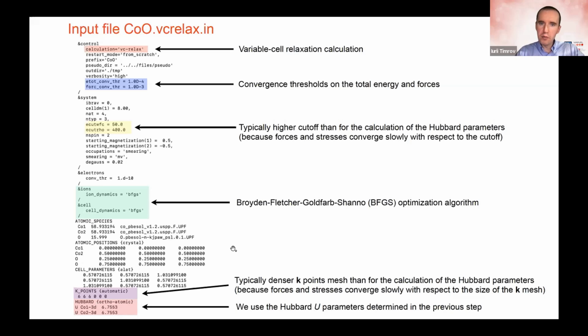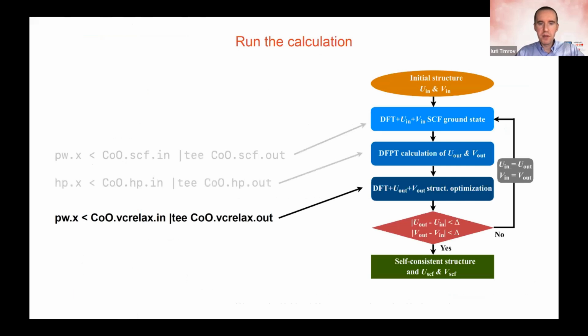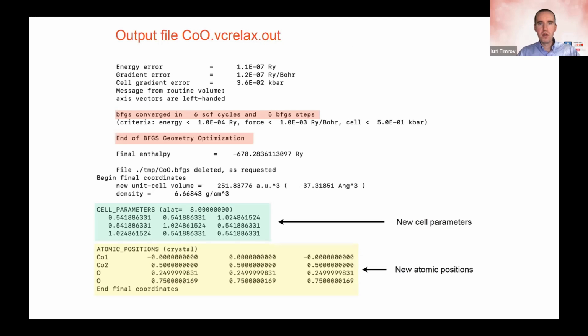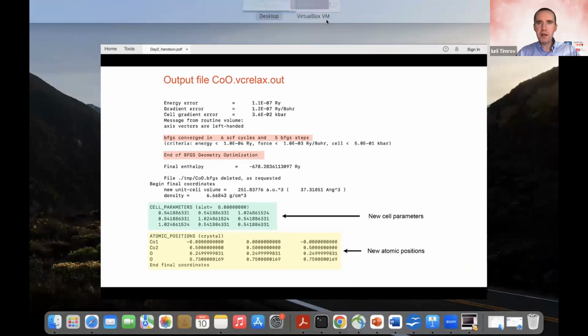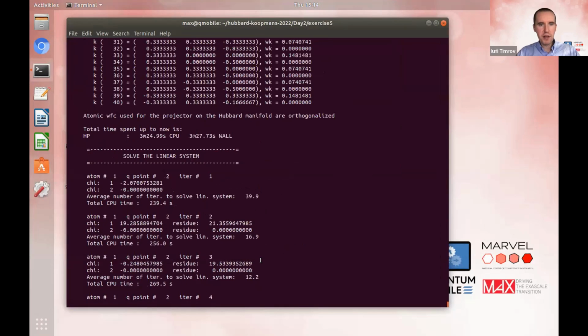So we need to submit this calculation and wait until the code optimizes the structure at the DFT plus U level. Okay, let's check where we are now with the HP calculation. Okay, the first Q point has finished. Now the code performs the calculation for the second Q point.